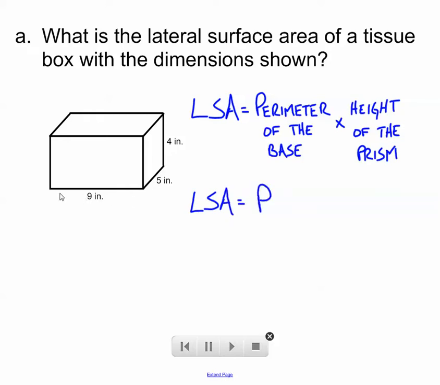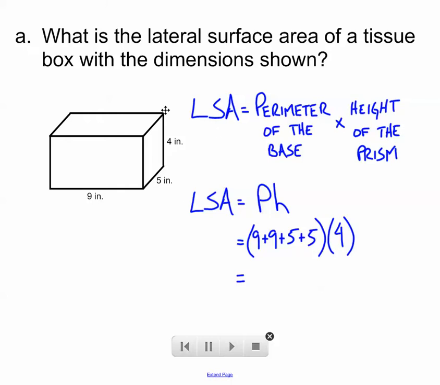Now the base is this 9 by 5 rectangle on the bottom of this rectangular prism. So it's got a front side and a back side that are 9, and then a right side and a left side that are 5. So 9 plus 9 plus 5 plus 5 is the perimeter of that rectangle that this prism is sitting on.